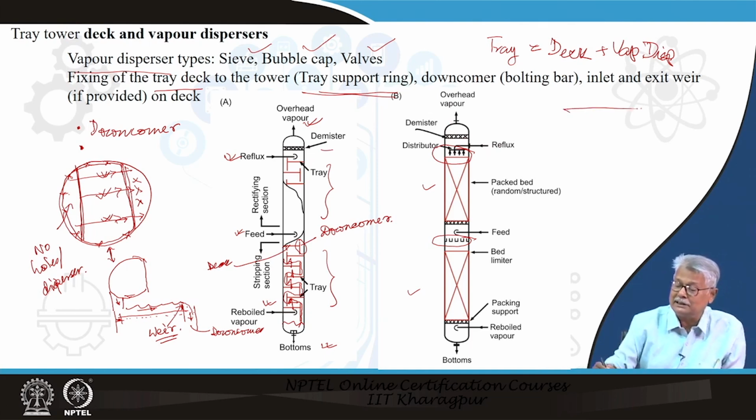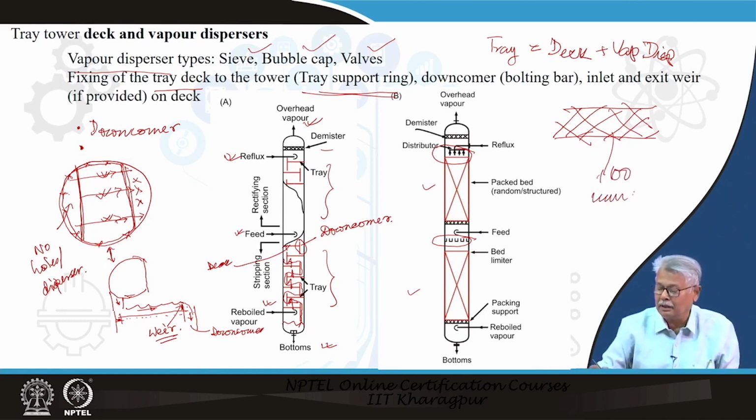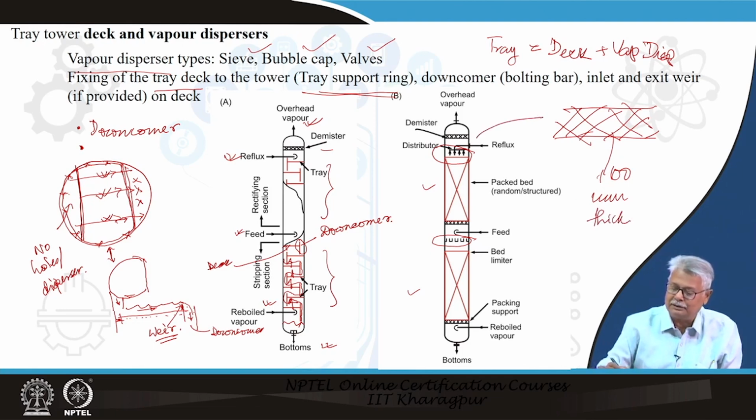The demister is nothing but a wire mesh, typically around 100 millimeter thick wire mesh. So, that is your demister. What happens? The fine liquid droplets hit this and get stuck, and later on when the layer grows, it falls off.